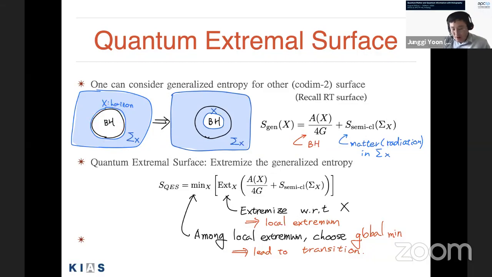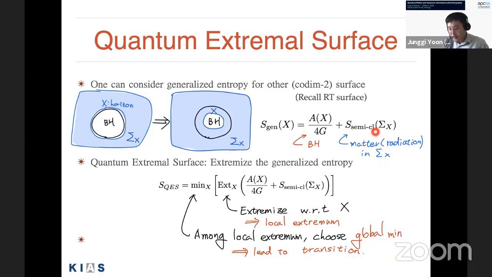But if you consider the Ryu-Takayanagi surface, you consider some arbitrary co-dimension 2 surface. Then we can define generalized entropy depending on this co-dimension 2 surface X, by the area of the co-dimension 2 surface plus the entropy of the matter or radiation on the co-dimension 1 surface outside of this X.